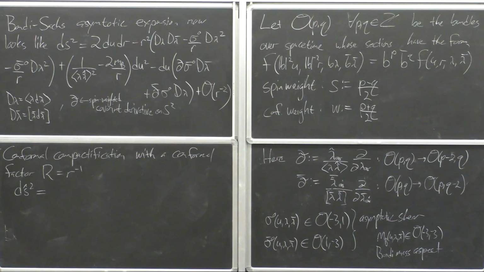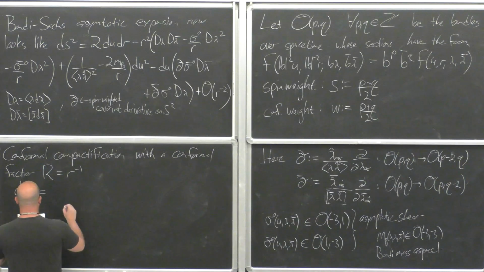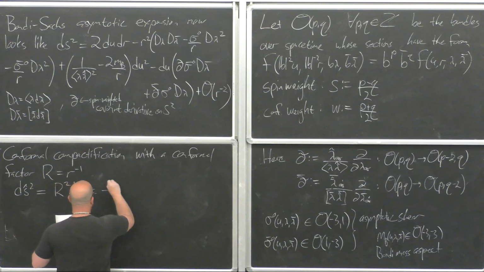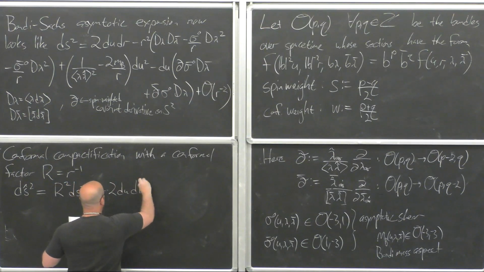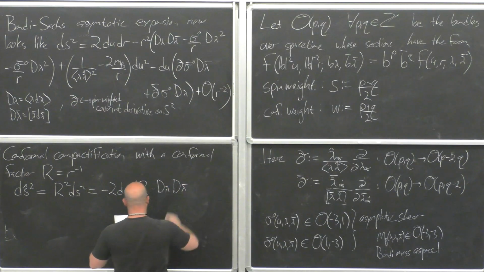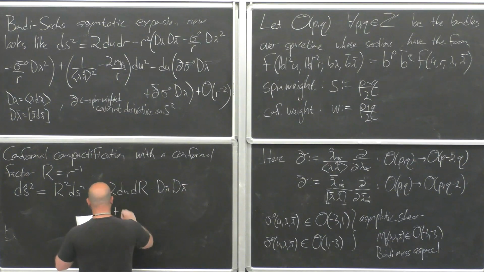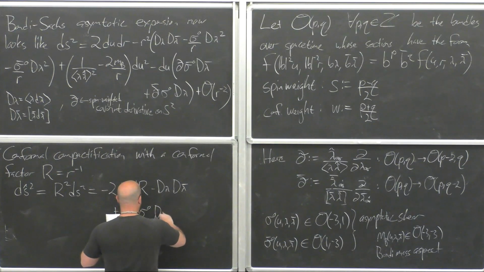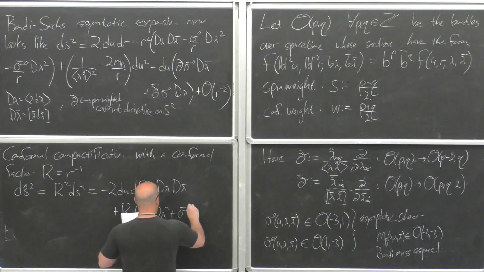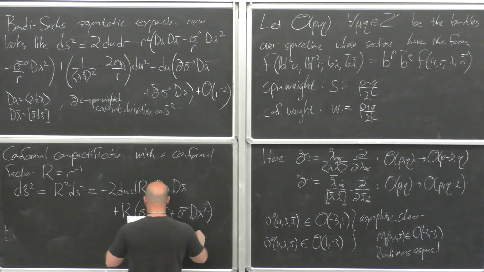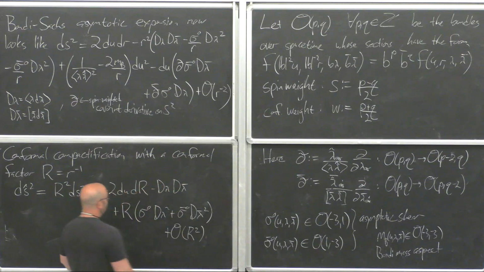The hat means conformally rescaled here, so this is r squared ds squared. That's minus 2 du dR minus d lambda d lambda bar plus r sigma naught d lambda squared plus sigma bar naught d lambda bar squared plus order big R squared terms.